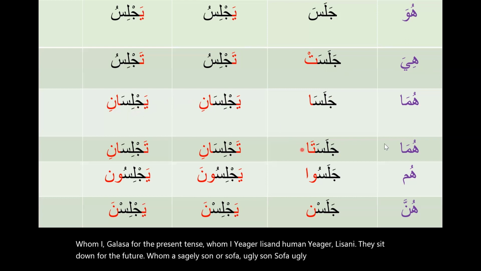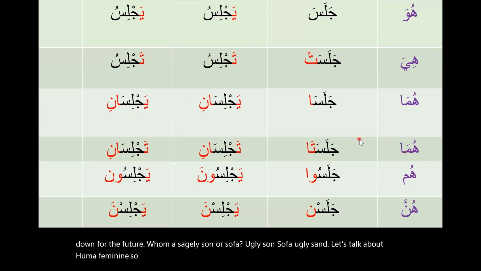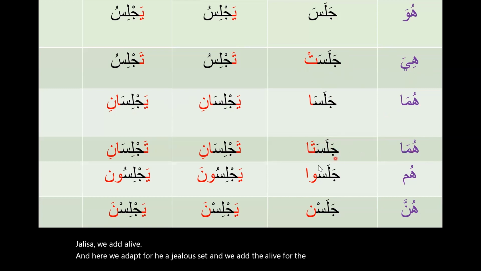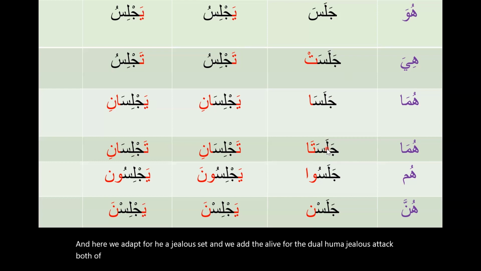Let's talk about huma feminine. So huma feminine is the replication of hiya, she, feminine singular. Here, jalasat, we add the alif, and it will be jalasata. Huma jalasata, both of the females sat down. Huma tajlisani, both of the two females are sitting down or they sit down.